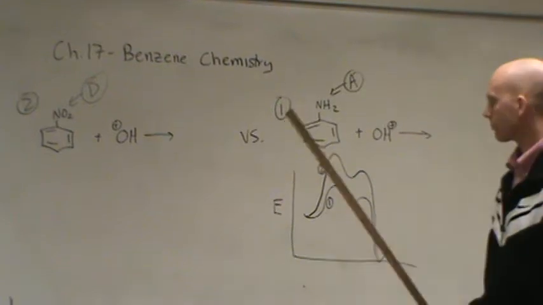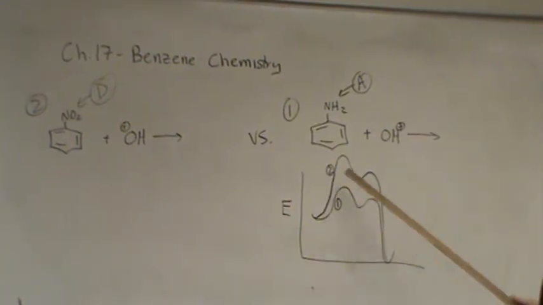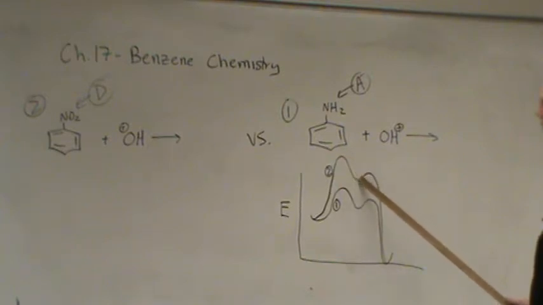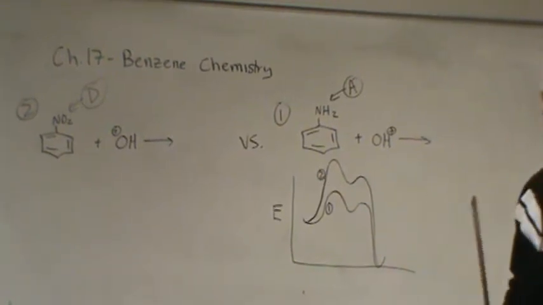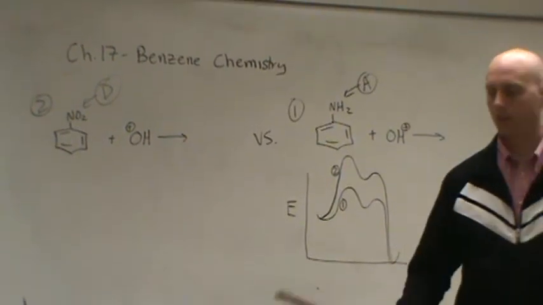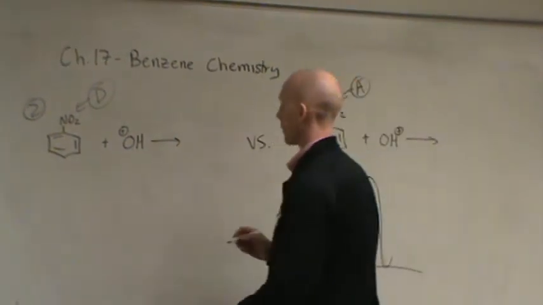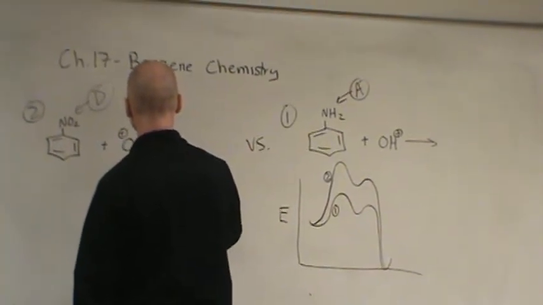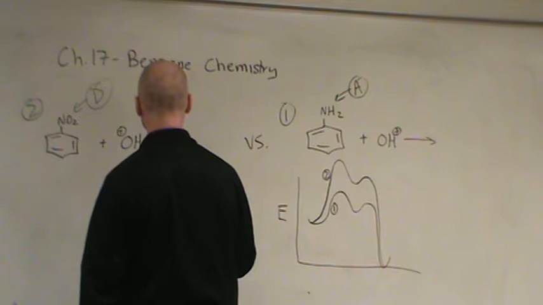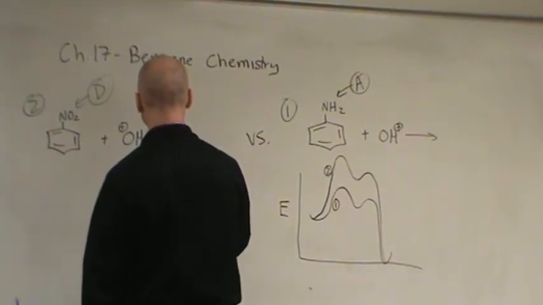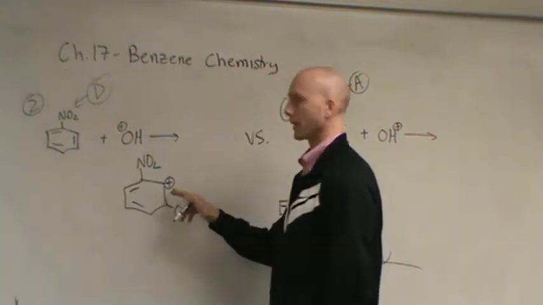Okay? So it's much less reactive because of the deactivator, and the sigma complex will be much less stable because I got an electron withdrawer on there. Okay? Remember, in the sigma complex, we are introducing a positive charge in the ring.